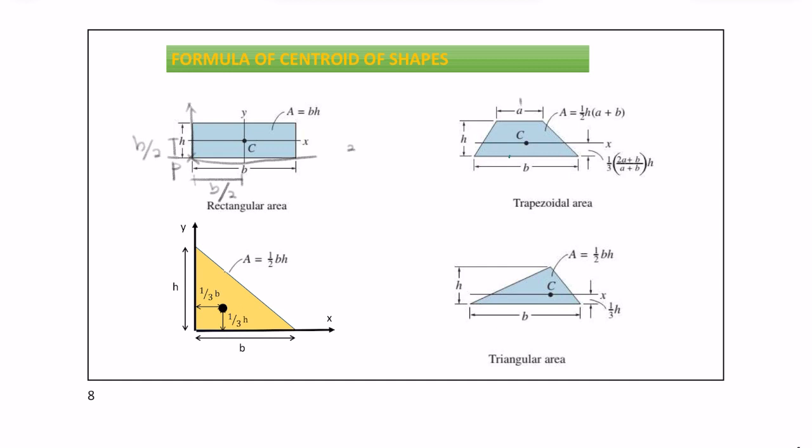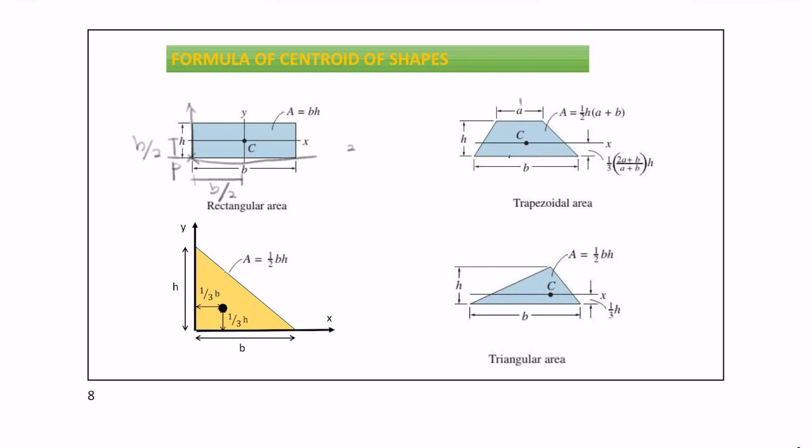For trapezoidal area, the area will be half times the height times the length of A and length of B, you tambah 2 lah, like this.